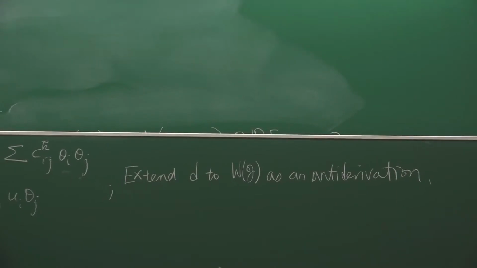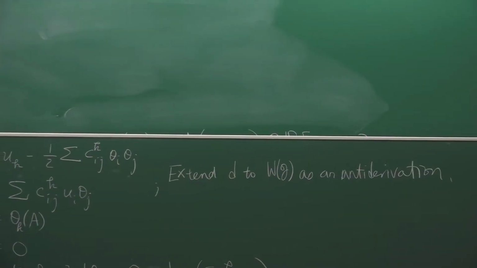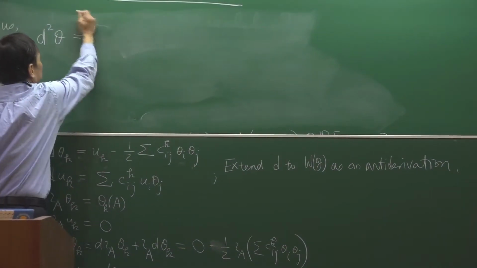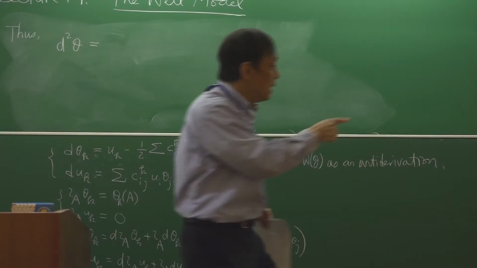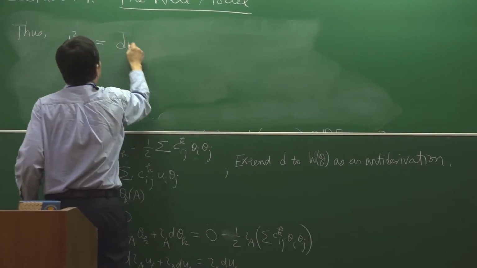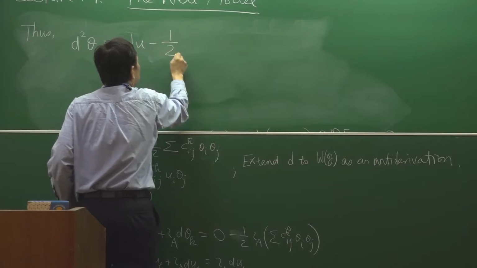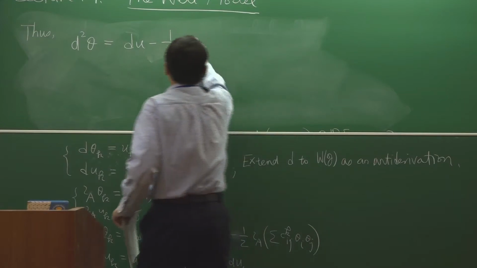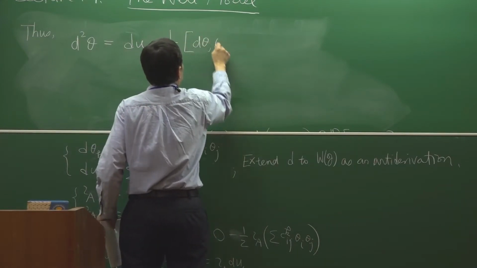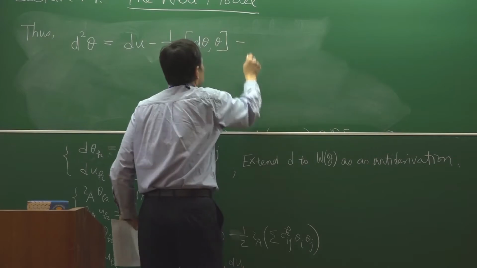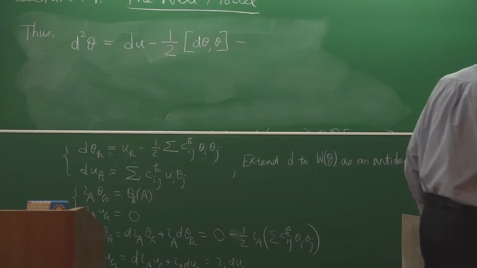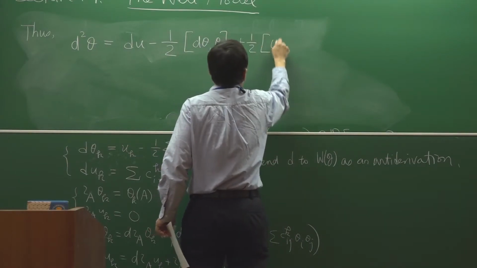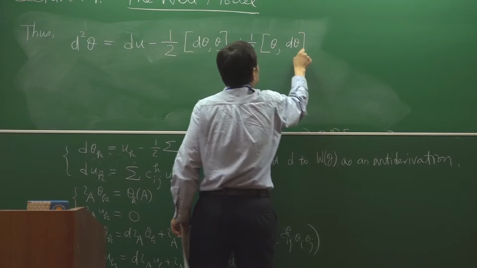Okay. And so d squared theta will be du minus 1/2. Take d of the bracket, so you get d theta theta, and then since theta is a one form, plus 1/2 theta d theta.